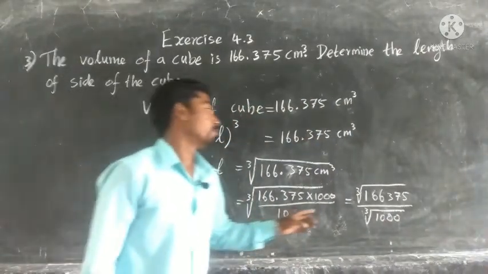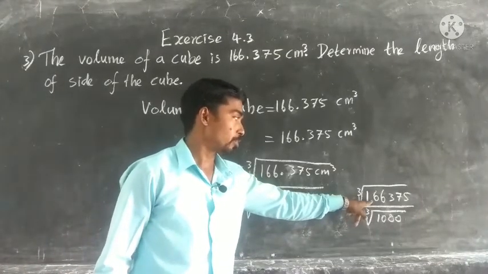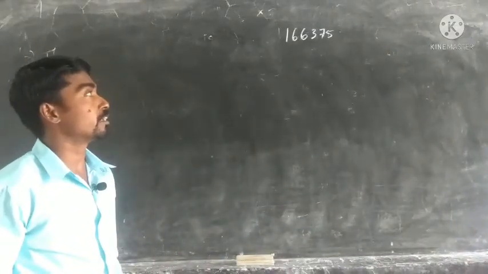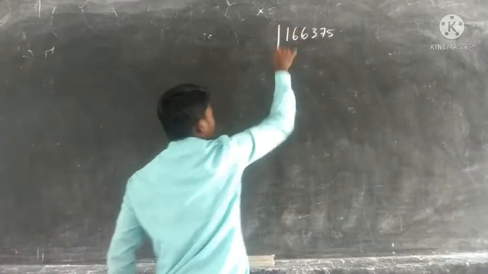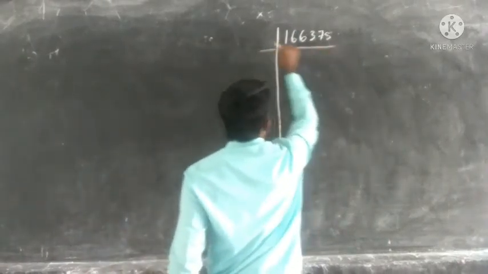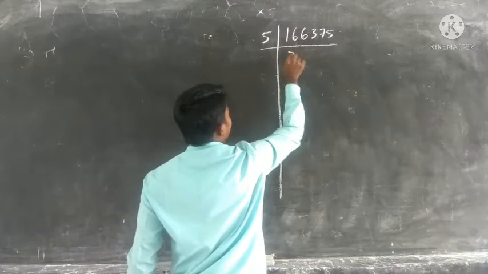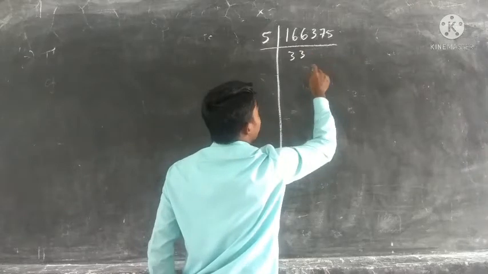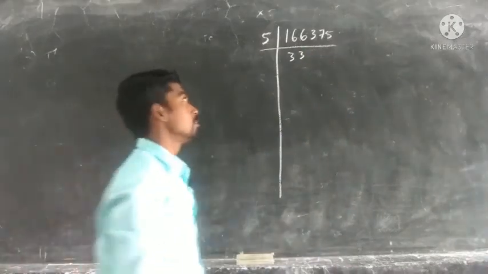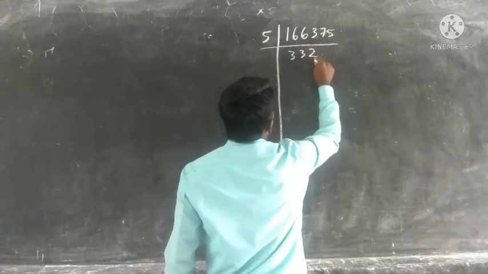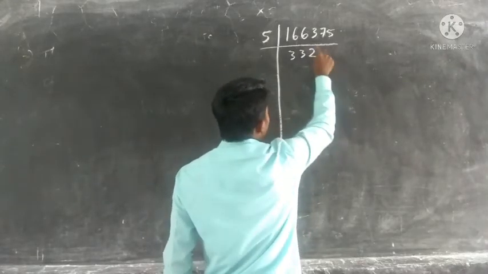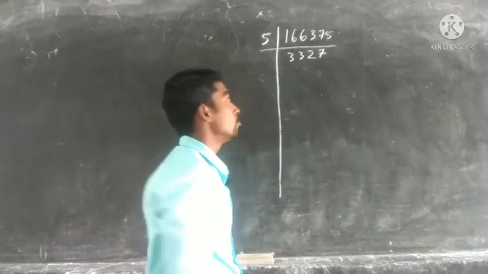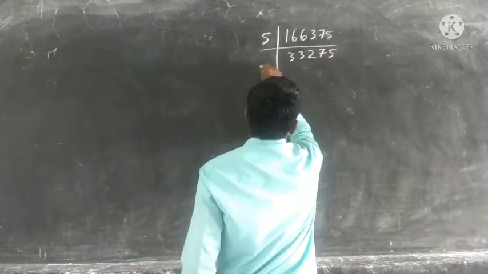Now we are going to find factorization for both the numerator and denominator separately. 166,375 can be divided by 5. 3 5s are 15, remainder is 1. 3 5s are 15, remainder is 1. 2 5s are 10, remainder is 3. 7 5s are 35, remainder is 2. 5 5s are 25.